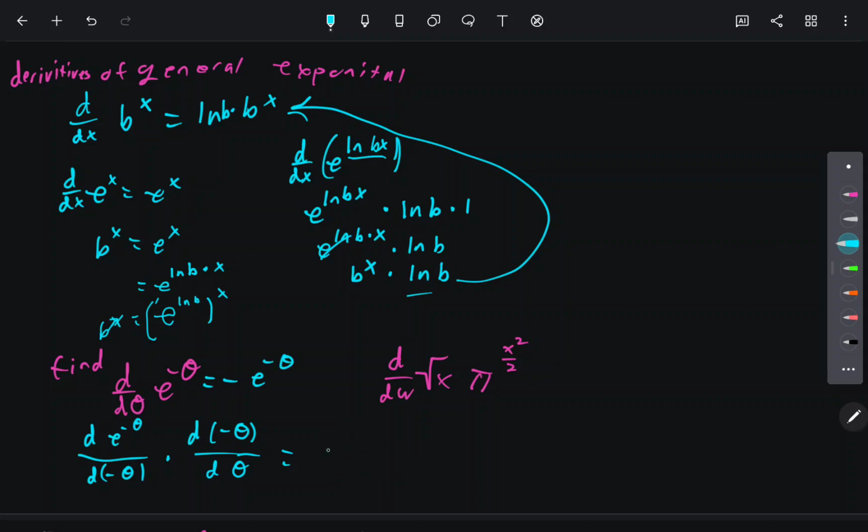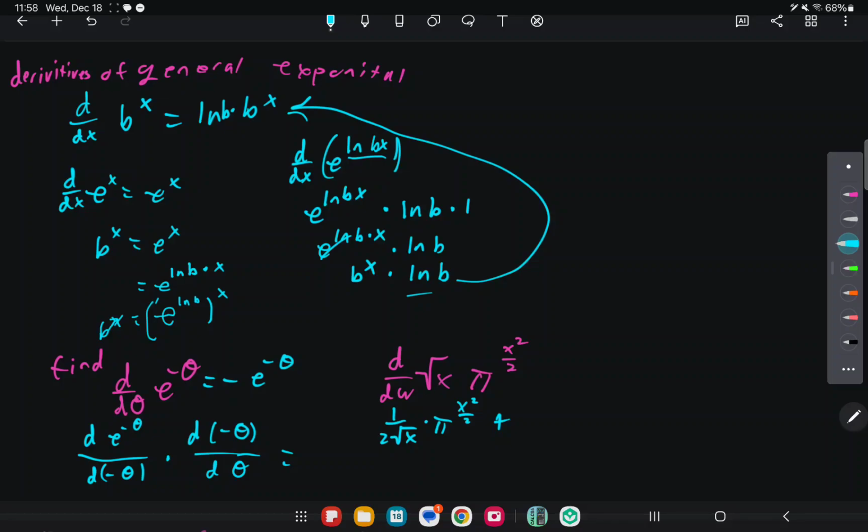Alright. Now that we got that done, let's work on this beast. Well, this is a product rule and an exponential and a chain rule. So we start out, we take the derivative of the first. So we get 1 over 2 square root of x times pi to the x squared over 2. Alright.